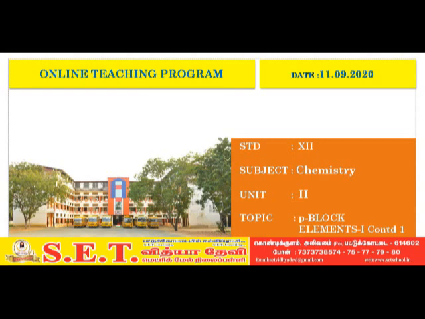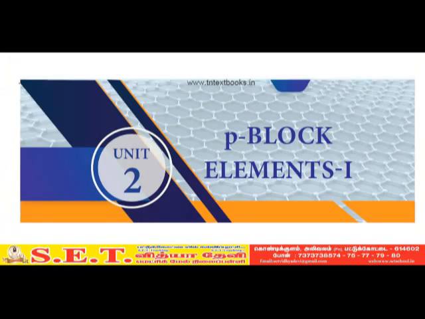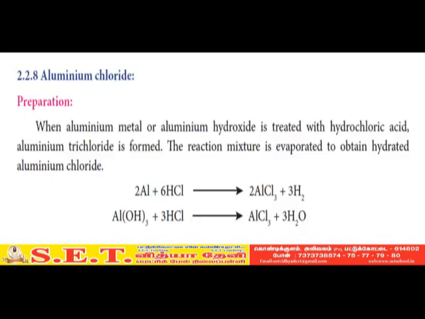Listen students, we are going to discuss the p-block elements continuation, particularly the topic aluminum chloride. Preparation: aluminum chloride is prepared when aluminum hydroxide or aluminum metal is treated with hydrochloric acid.